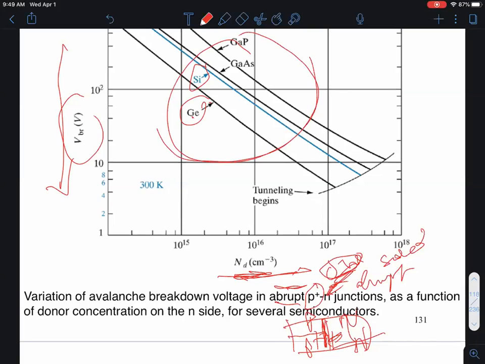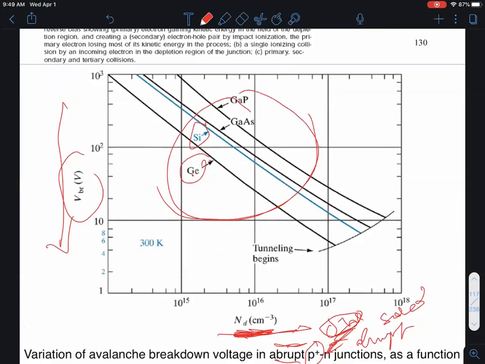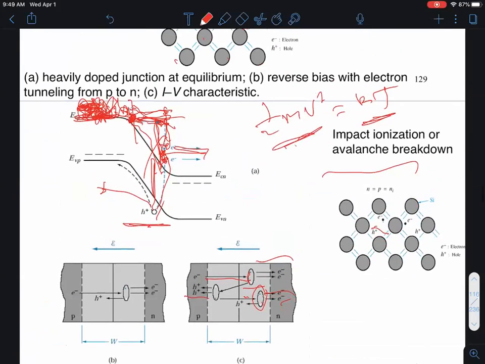So this part of the breakdown is due to avalanche impact ionization because the doping is not too high. Therefore, the depletion regions are kind of wide, too wide to allow tunneling. But at the same time, it can allow impact ionization processes because that gives electrons and the holes enough time and space to gain enough kinetic energy to cause this avalanche or impact ionization breakdown process. All right.